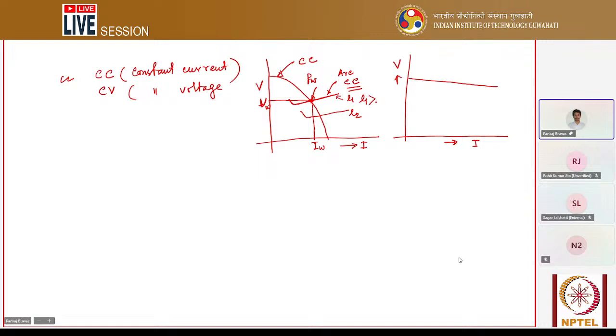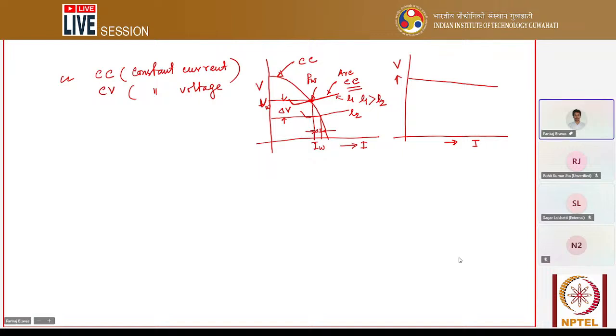That's why L1 is greater than L2 here. Correct? So if there is a variation of voltage, delta V, in case of a constant current characteristic curve, you can observe that there is only a small variation of current.